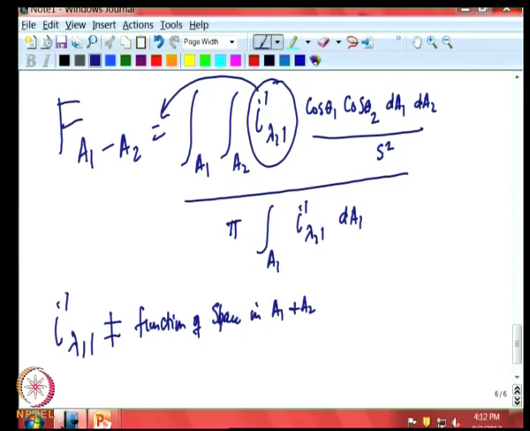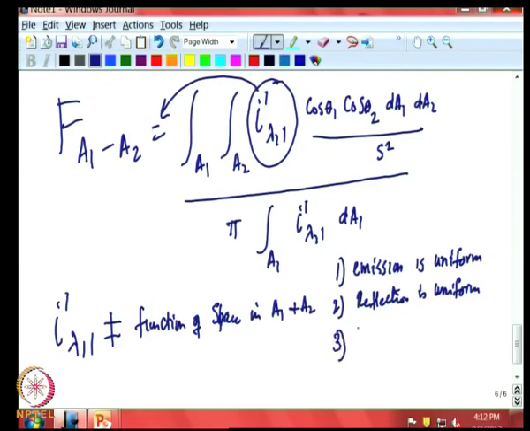It will happen if emission is uniform, reflection is uniform, does not vary with space, and finally, incident radiation is uniform.